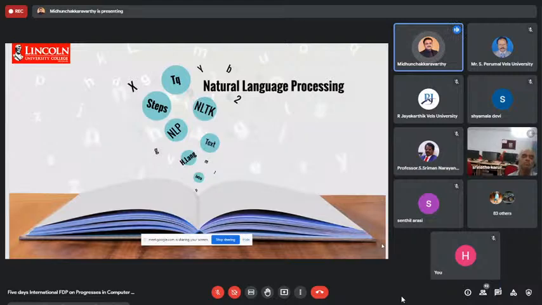Since this is an FDP program, I would like to introduce some new tools so that we, as a teaching fraternity, can apply these techniques and tools in our daily life, which will lead to students' enhancement. Their knowledge will be enriched by having the latest techniques and tools in their hands.